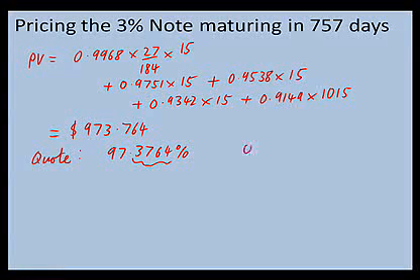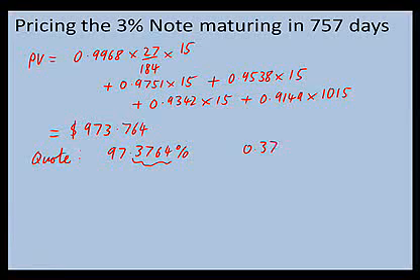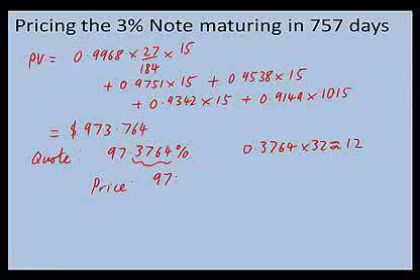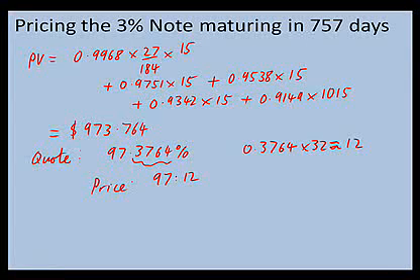So we're going to do 0.3764 times 32, which is approximately equal to 12. The quote that we would see in the Wall Street Journal would be 97.12. That's bootstrapping. We have just priced this note using bootstrapping.